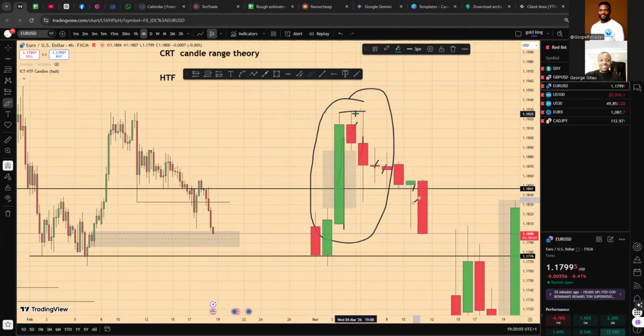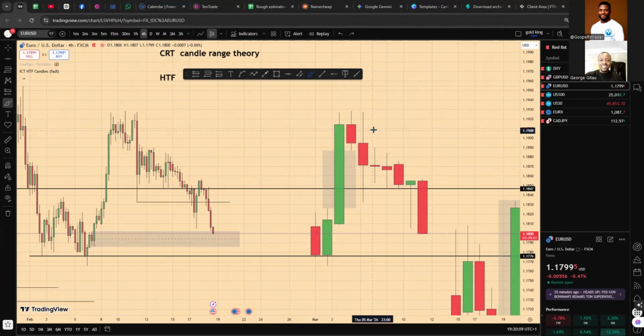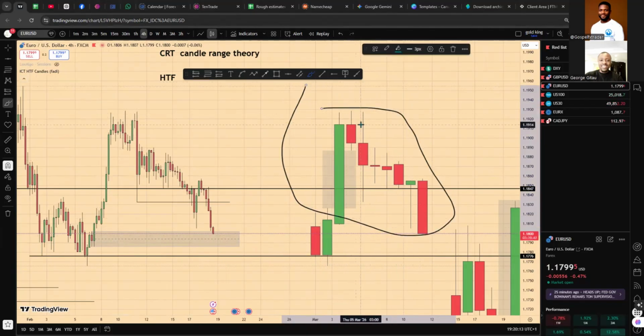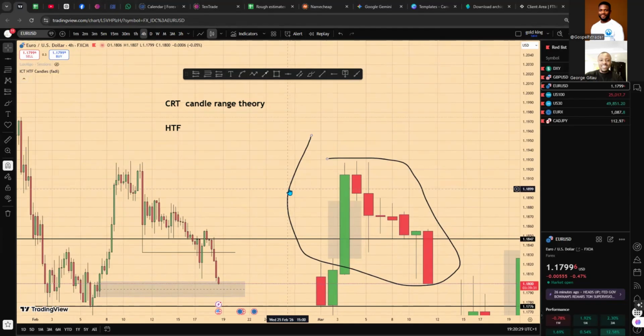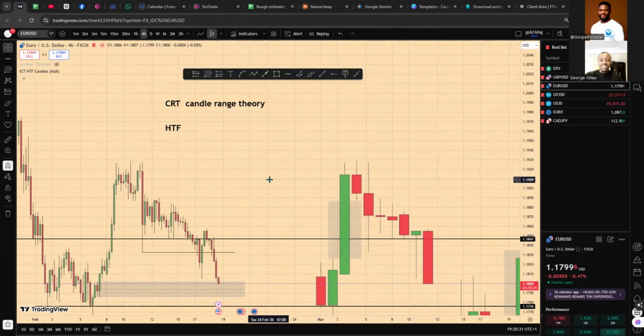After taking the high of this candle, it took about 7 days to trade down and take the low. If this was the 5 minute, this would not have taken long. But since it's the daily, it has given us that time to trade, which has given us a wide range of pips to actually catch. That's why when we're talking about ranges, automatically you should be thinking of higher time frames.